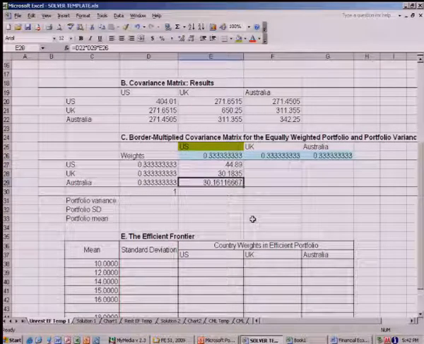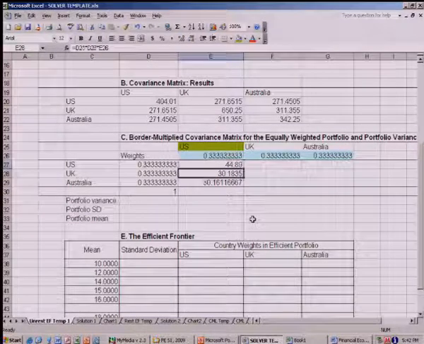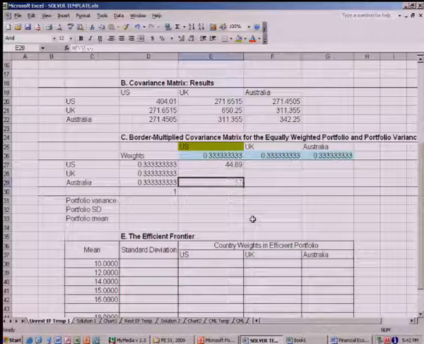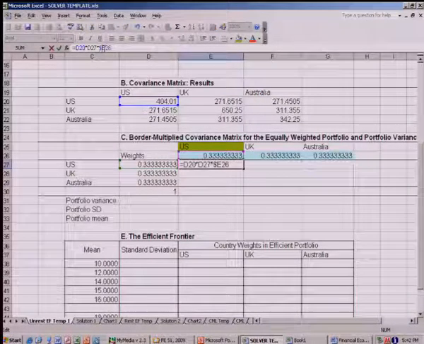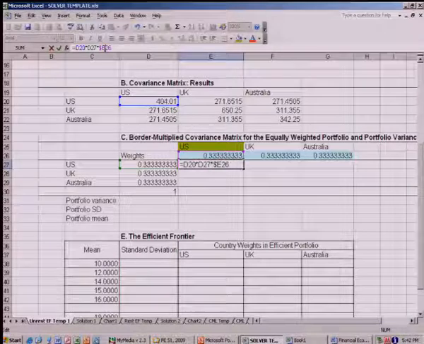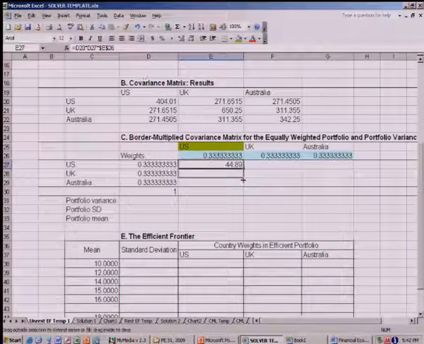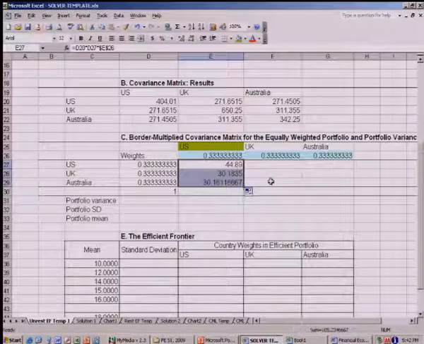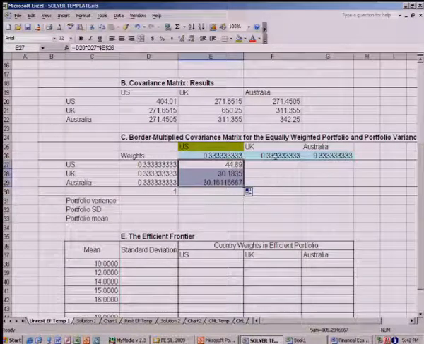E26, E26, E26. It's all there. The one easy way to do it, instead of doing each one individually, would have been just to put the dollar signs around this cell reference and press enter, and then just drag the formula down. And it gives me the same result as what I have just done individually. So it just saves you some time.